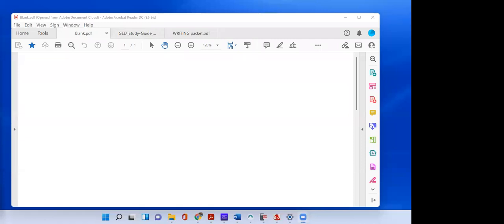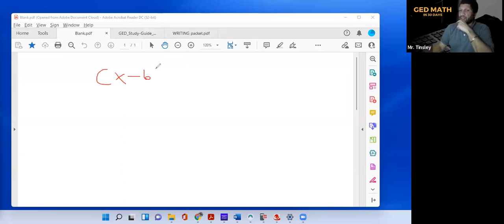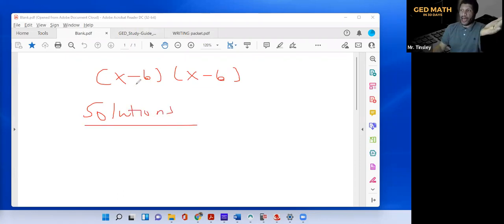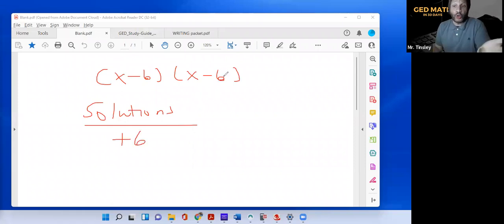So it's x -6, x -6, that was the answer. So x minus 6 times x minus 6, that's factored. If I want to solve this quadratic equation, I've got to find a 0. The opposite of -6 is +6, or the opposite of -6 over here is also +6. So that's why you only have one solution, because +6 is only one number.